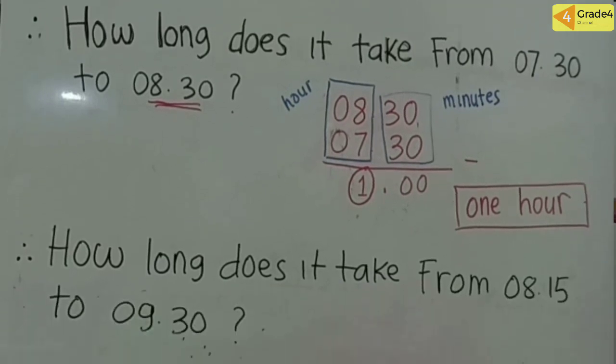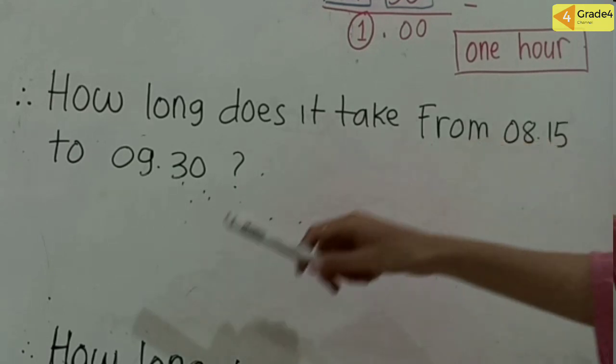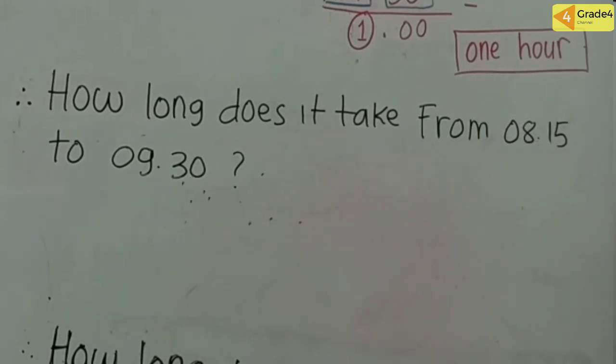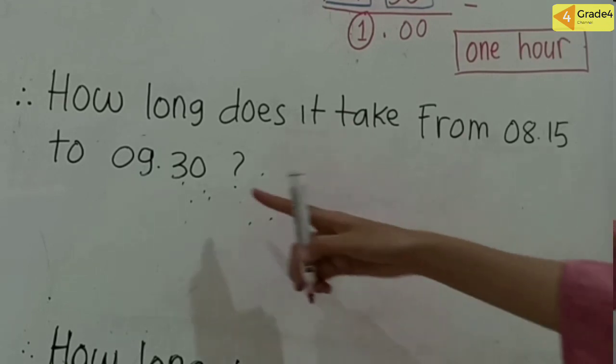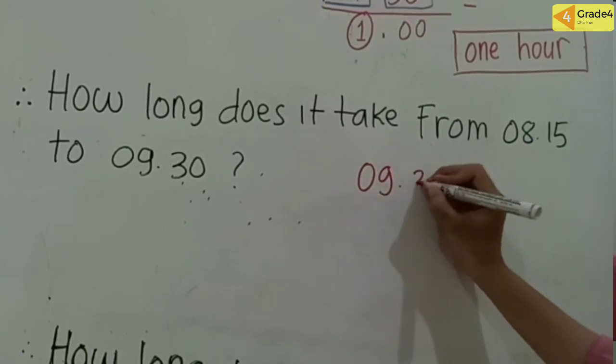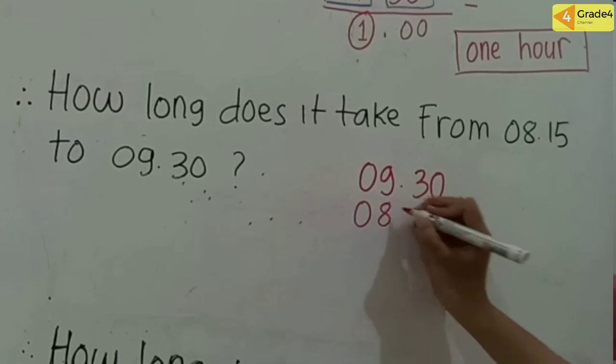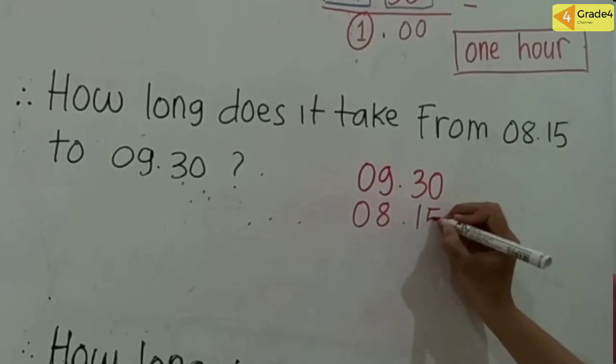The next question is, how long does it take from 8.15 to 9.30? We can calculate the same way. We calculate by subtracting the first time from the last time: 9.30 minus 8.15.